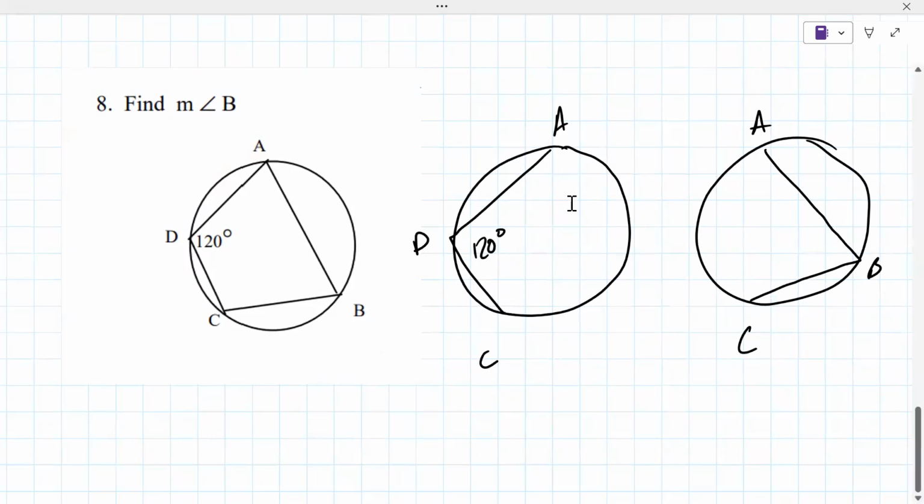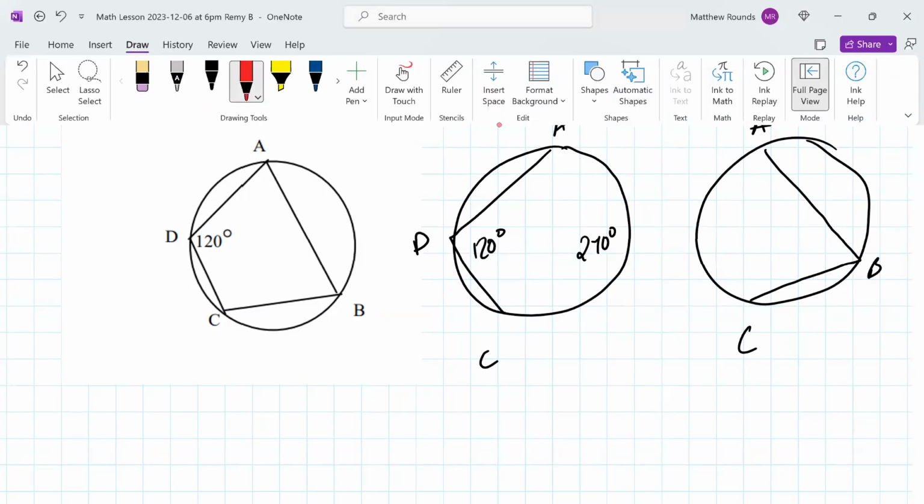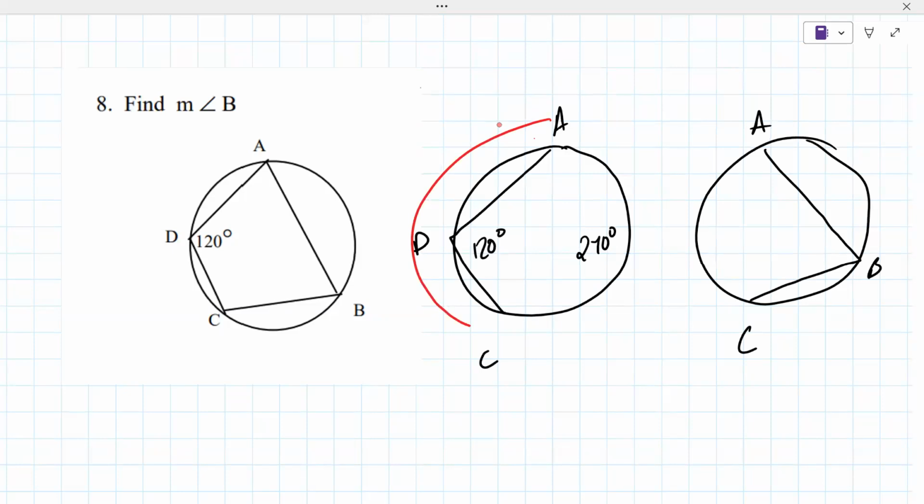Can you tell me the measure of arc A to C? That would be 240. Now, what is the measure of the arc from ADC if the other direction is 240? A to C is 240, correct?